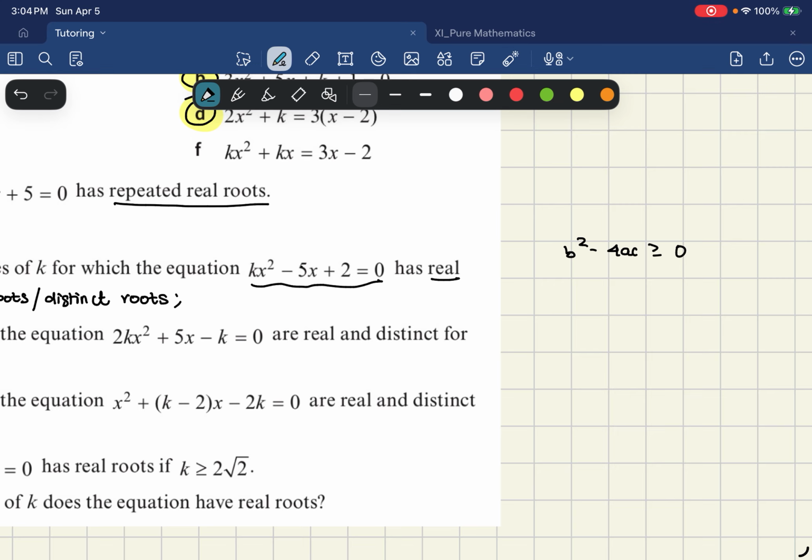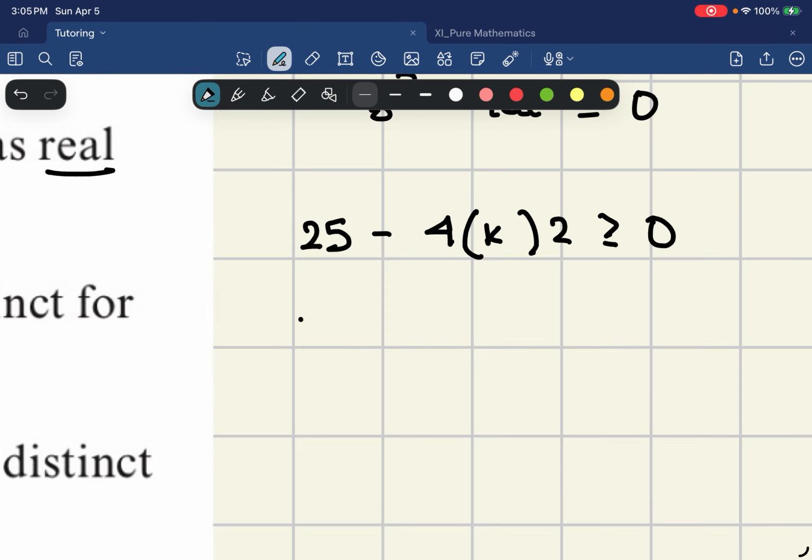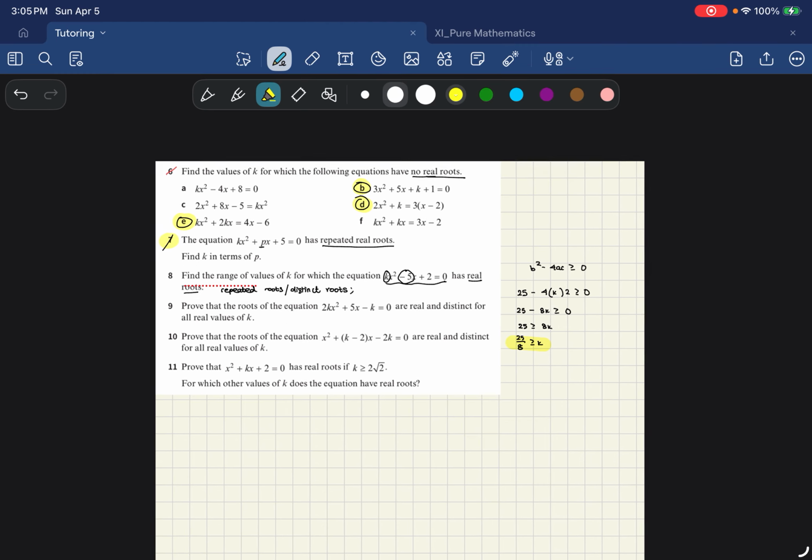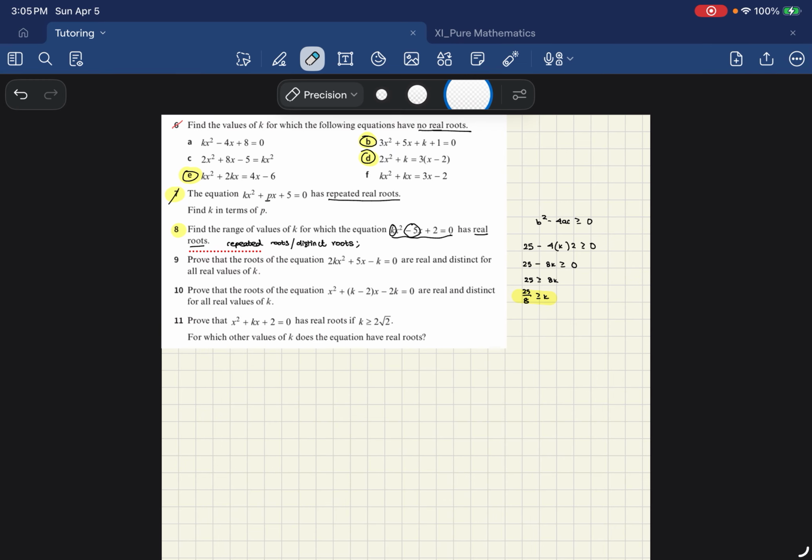So this is b, right? Negative 5 squared is 25 minus 4, a is k, c is 2. 25 minus 8k is bigger than or equal to 0. If I add 8k on both sides, I get 25 is bigger than or equal to 8k. So k is less than or equal to 25 by 8. That is it. So you just want to analyze what the question is asking you. You want to know the condition, and then you want to solve the question.